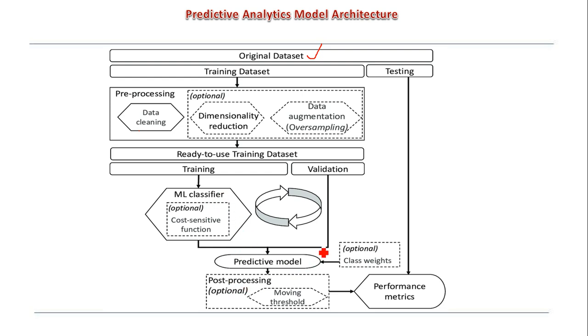because the predictive analytic model is included in the machine learning itself. Here this is connected with the machine learning. The post processing is moving the threshold values, and then we need to evaluate the model with the metrics. Metrics are used to validate the model which we build.